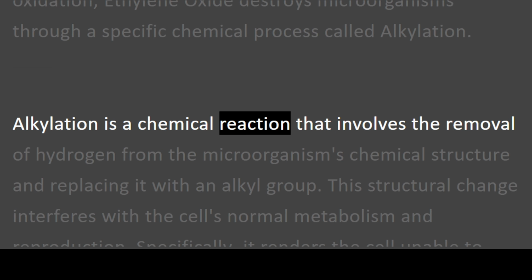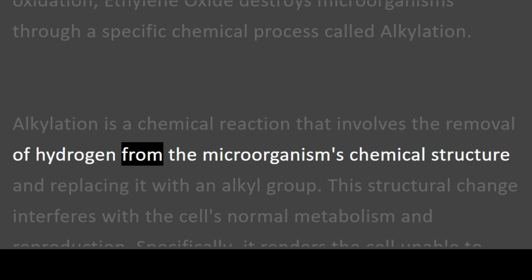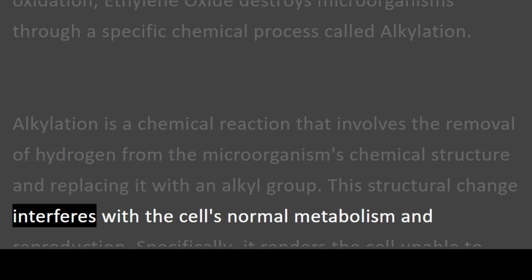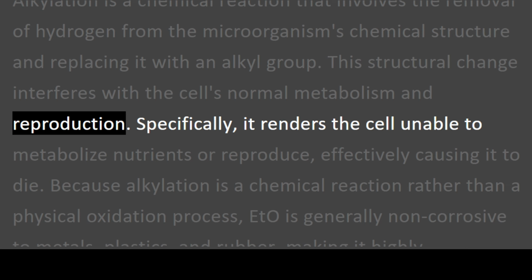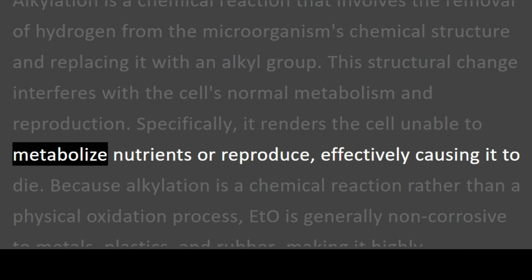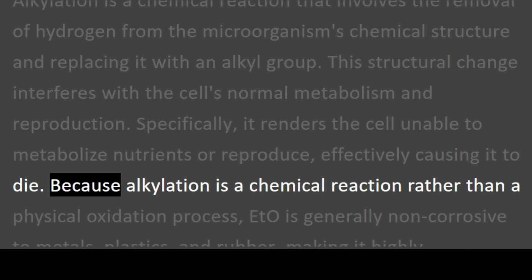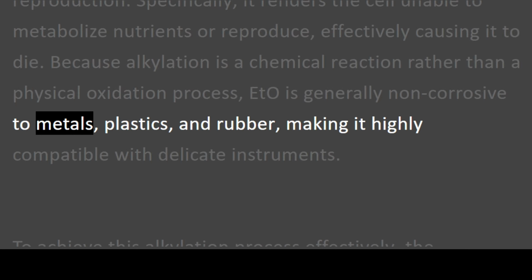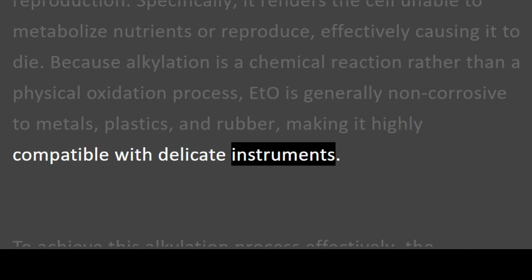Alkylation is a chemical reaction that involves the removal of hydrogen from the microorganism's chemical structure and replacing it with an alkyl group. This structural change interferes with the cell's normal metabolism and reproduction. Specifically, it renders the cell unable to metabolize nutrients or reproduce, effectively causing it to die. Because alkylation is a chemical reaction rather than a physical oxidation process, ETO is generally non-corrosive to metals, plastics, and rubber, making it highly compatible with delicate instruments.